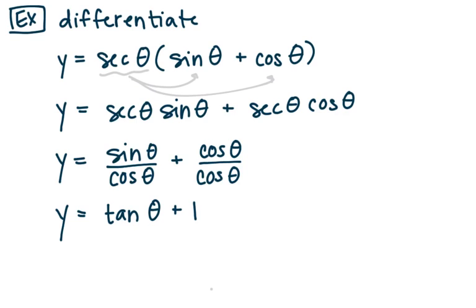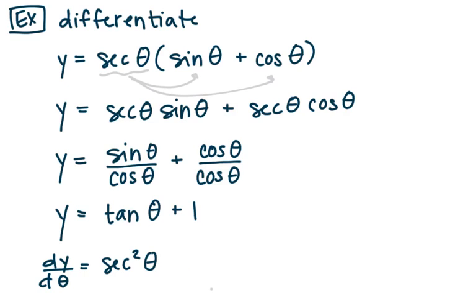Now, I haven't done any calculus yet. This is all still the original function. All I've done is use my trig properties and what I know about trig to simplify this. At this point, if I were to go and take the derivative of y, in this case with respect to theta, the derivative of tangent is secant squared theta, plus the derivative of 1 is 0, which we do not need to write.